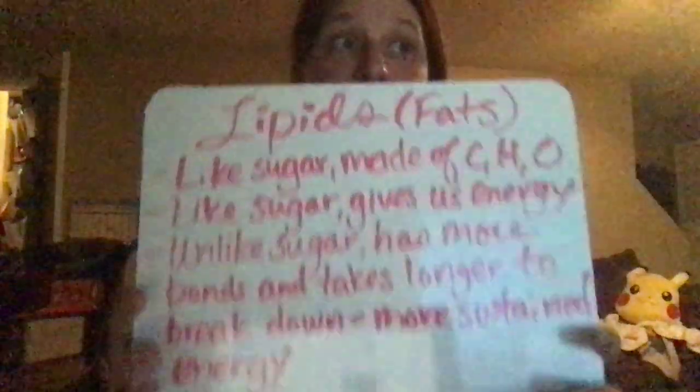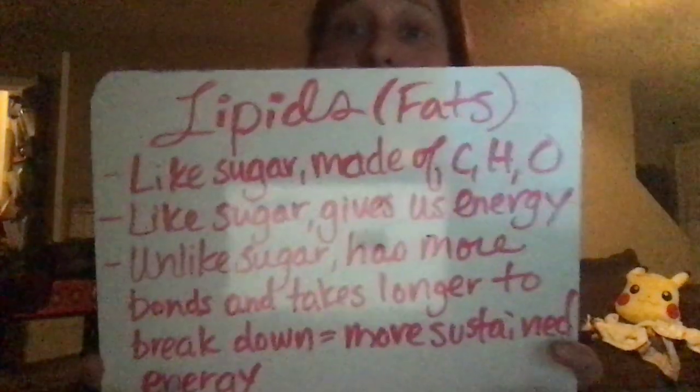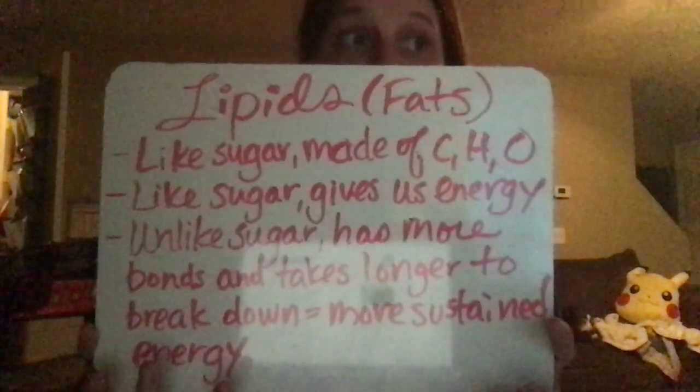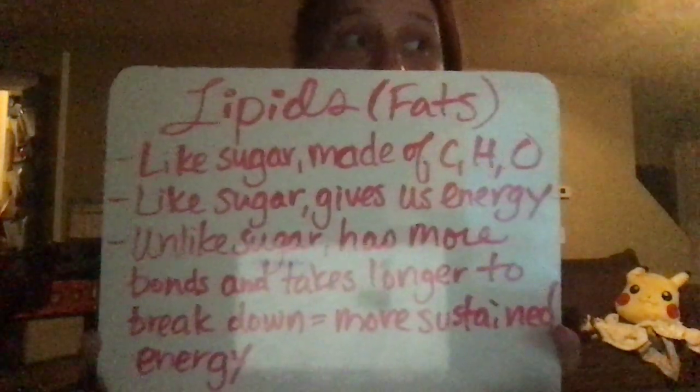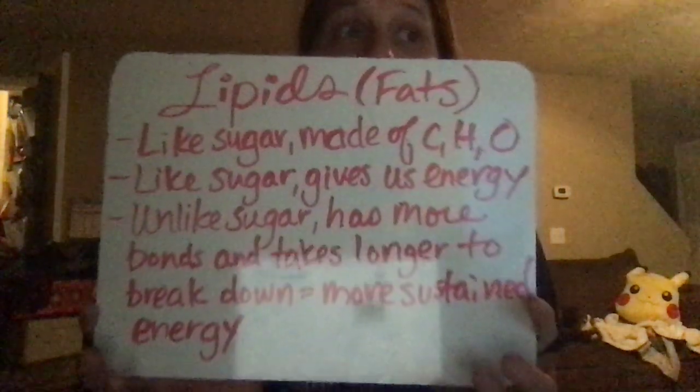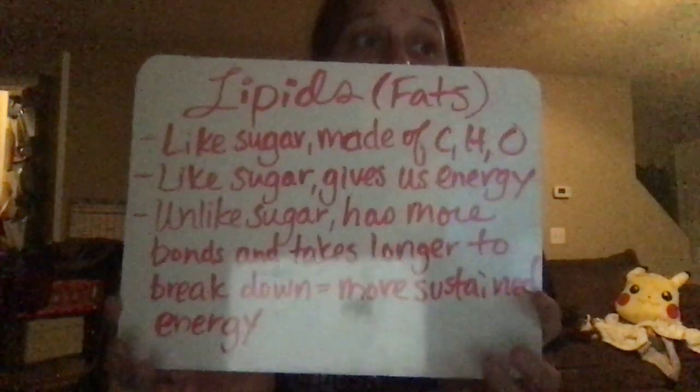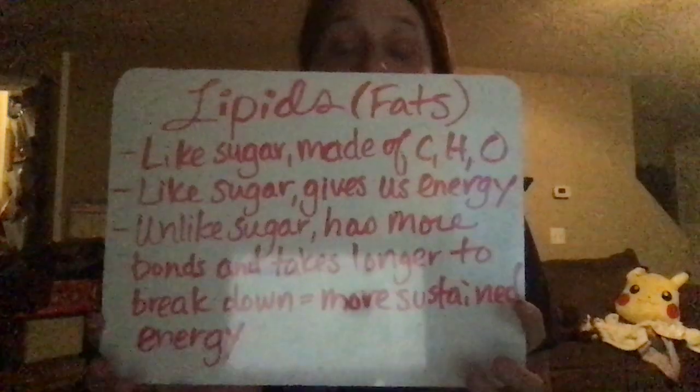Total fat, let's talk about fats. Lipids are fats. Like sugar, they're made out of carbon, hydrogen, and oxygen. Like sugar, they give us energy. Unlike sugar, they have more bonds and take longer to break down. So it results in more sustained energy.